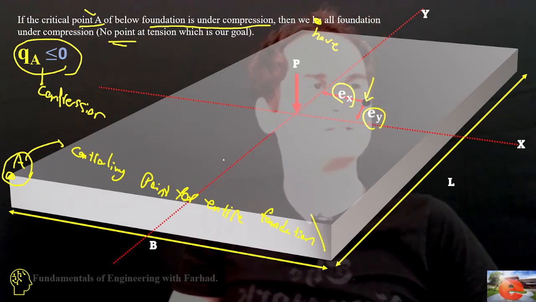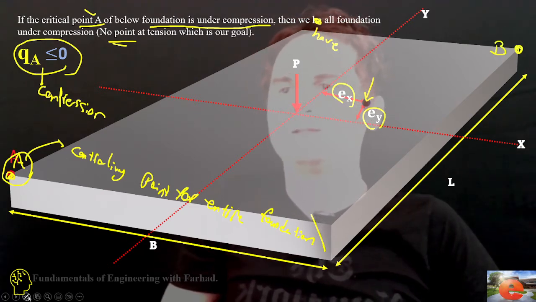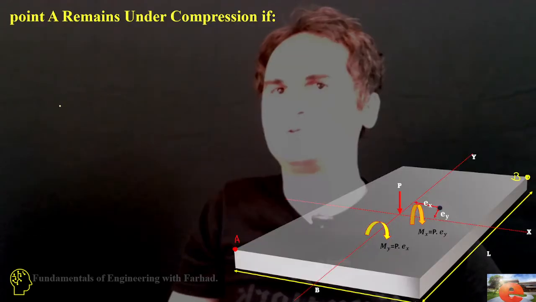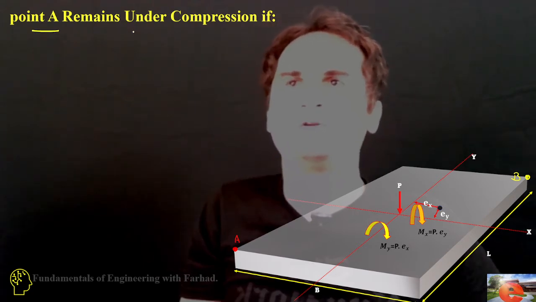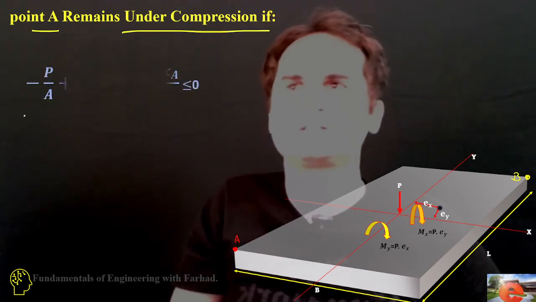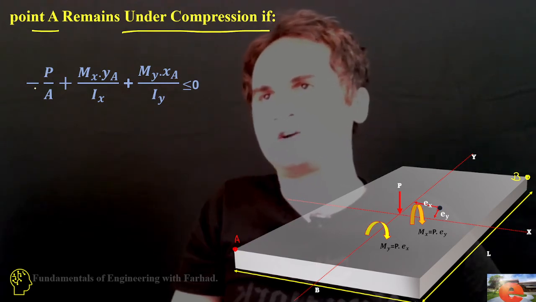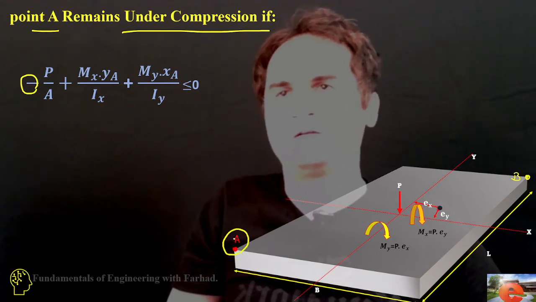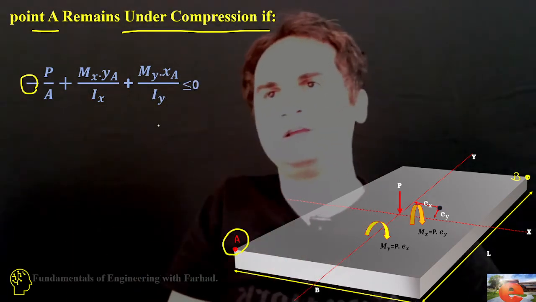Then let's go to combined loading and see how we can have our problem. To have point A remaining under compression stress, we have a negative P over A, that's a compression force. At point A, there is Mx times yA over Ix.